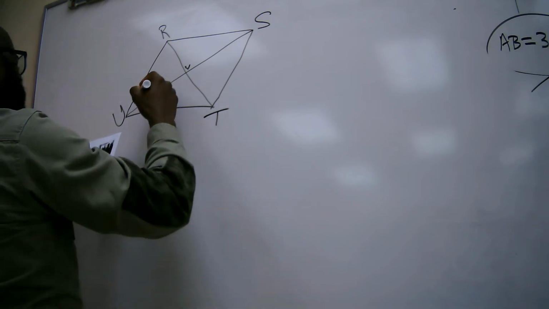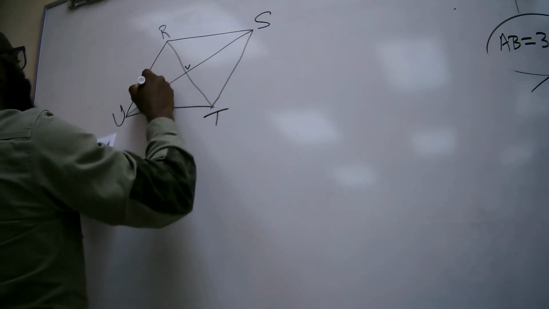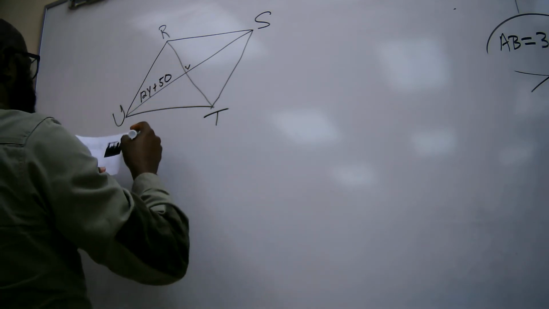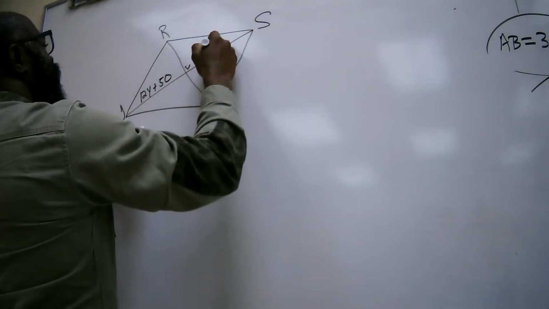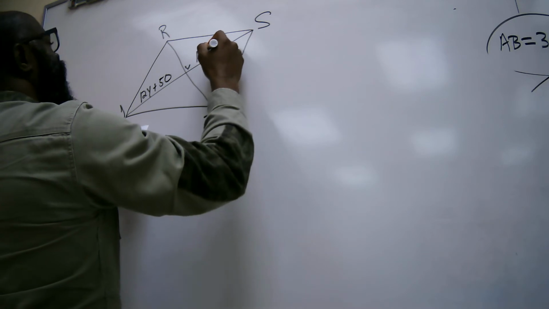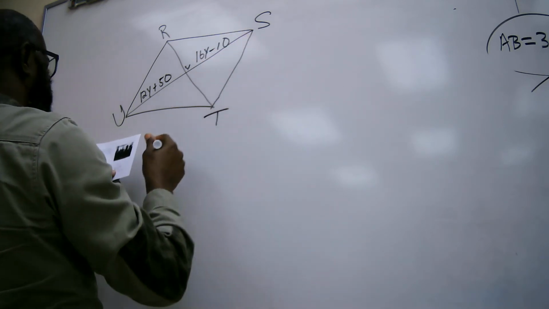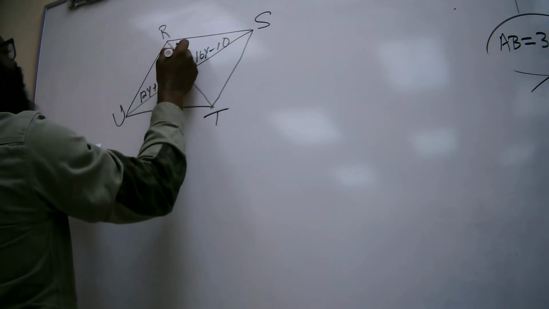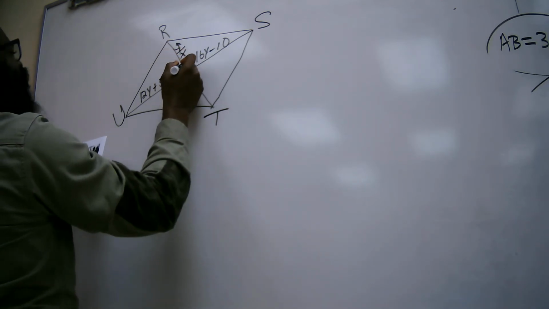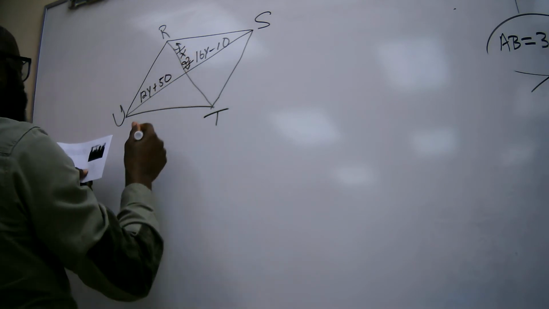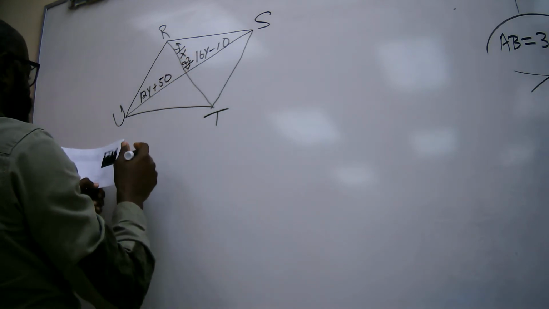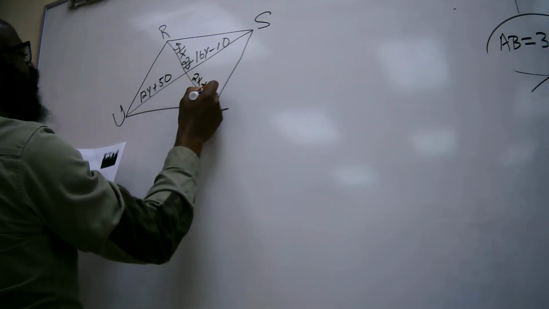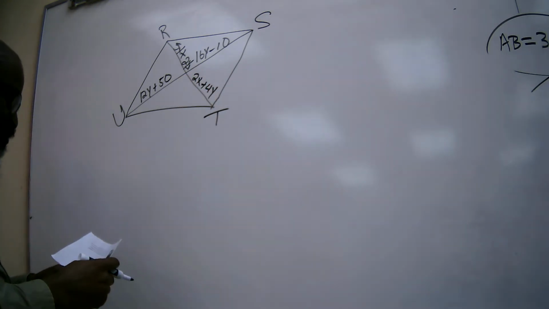I'm telling you this is 12y plus 50, and this is 16y minus 10, and this is 5x plus 2y, and this is 2x plus 4y. And they ask you to solve for the variable.